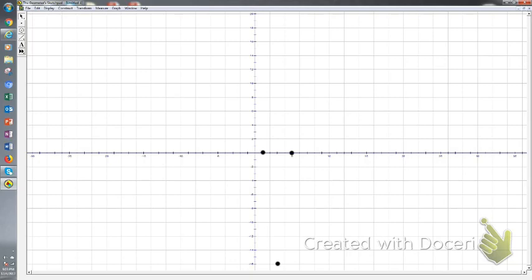Now we have our vertex, we have our x-intercepts. It's always nice to have the y-intercept, always. So we find the y-intercept in the vertex form. It's not as easy to see what the y-intercept is, because we do not have the constant c by itself.